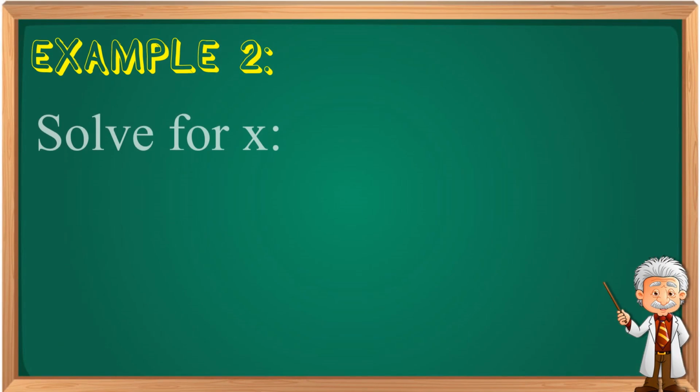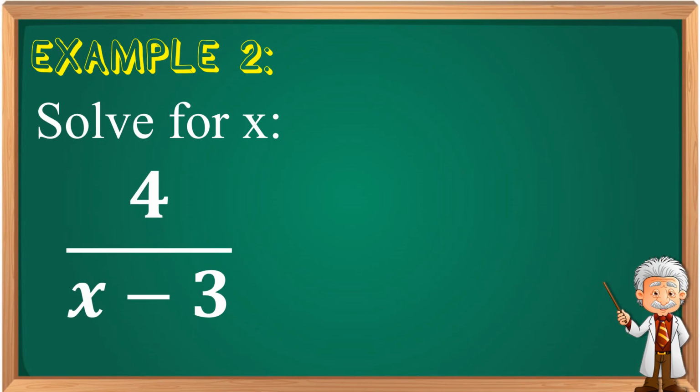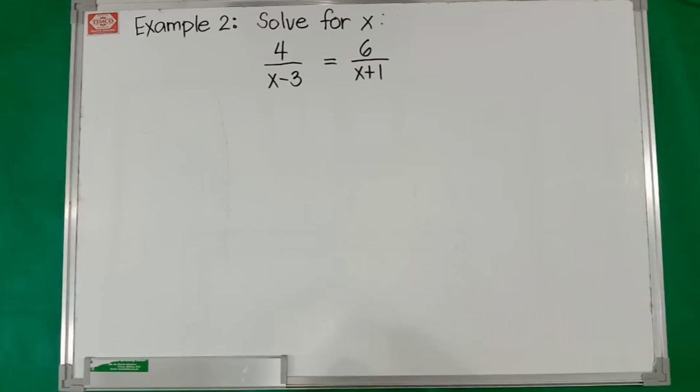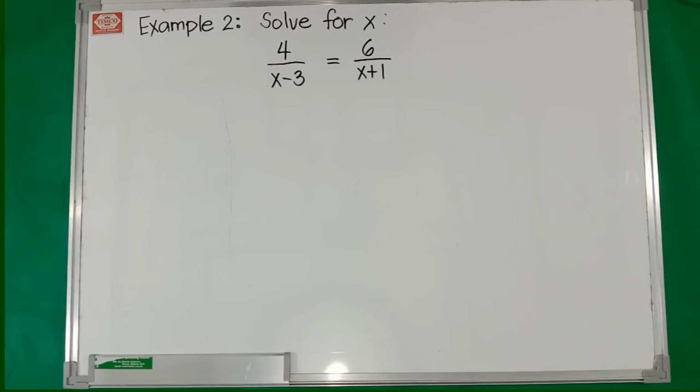Example 2. Solve for x. 4 over x minus 3 is equal to 6 over x plus 1. So our first step in solving the equation is we have to find the LCD.